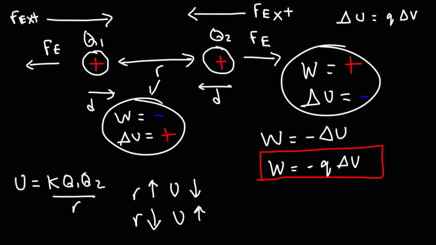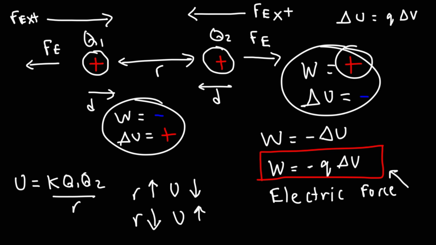And remember, this is the work done by the electric force. So the work done by the electric force is always going to be opposite to the sign of the change in potential energy. So this formula here gives us the work done by the electric force. If the work done is positive, the change in potential energy is negative. If the work done is negative, the change in potential energy is positive. That's why we have this negative sign.